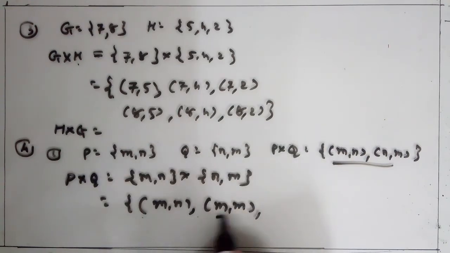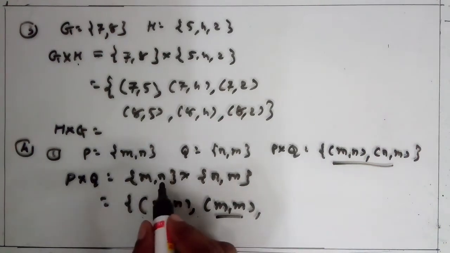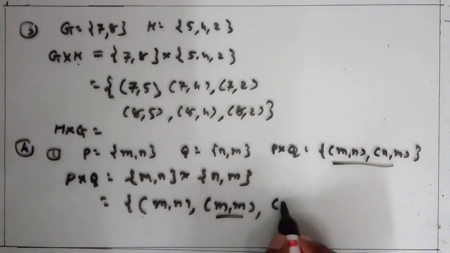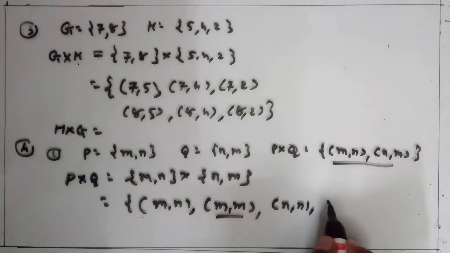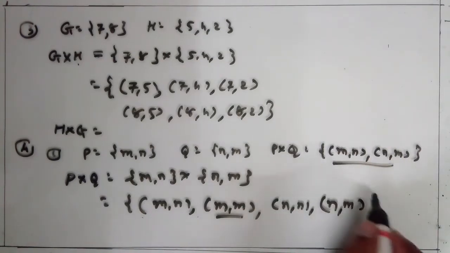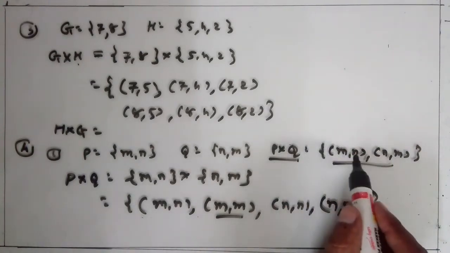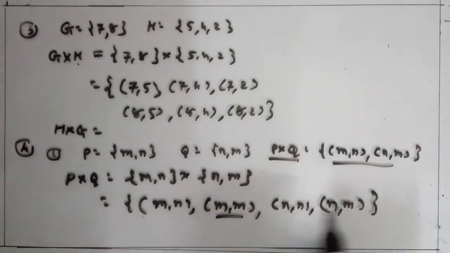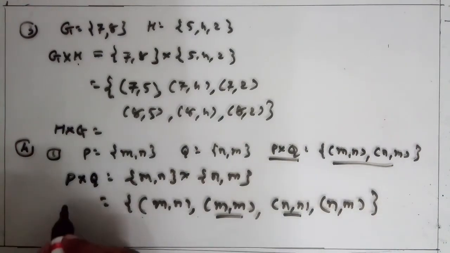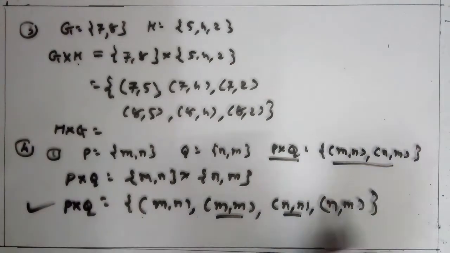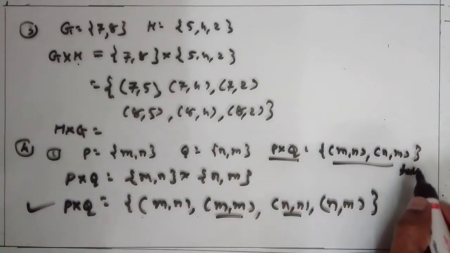So one missing element is (m, m). Now with n, (n, n) and (n, m). In the given P cross Q, both (m, n) and (n, m) are given, but two elements are missed, (m, m) and (n, n). So this statement is false.